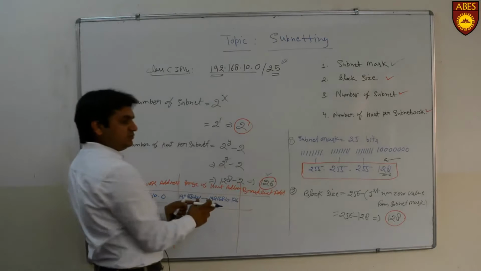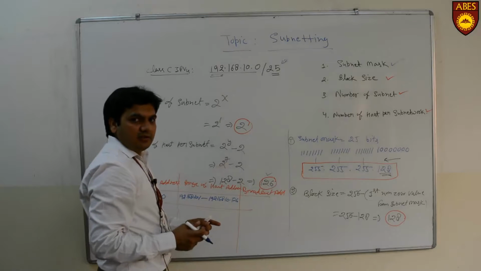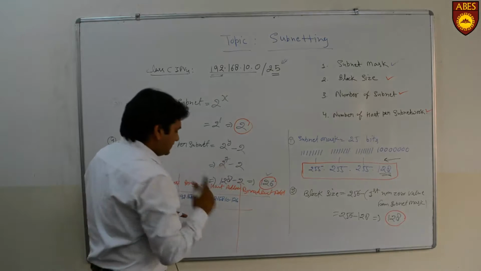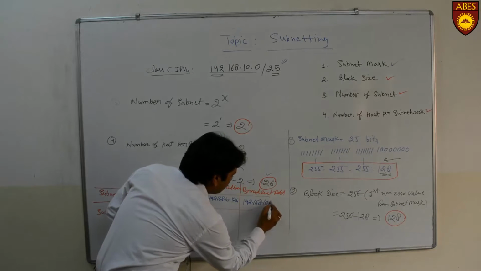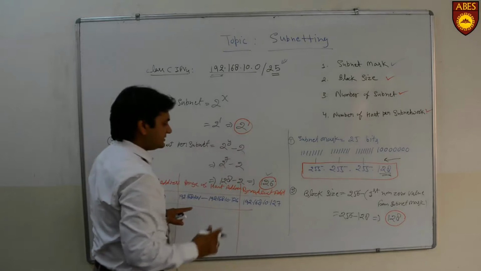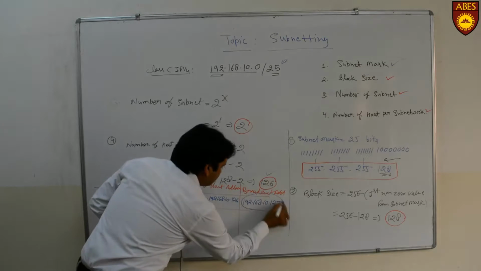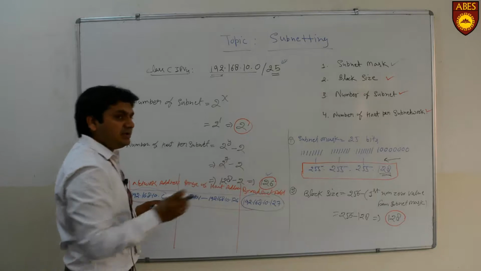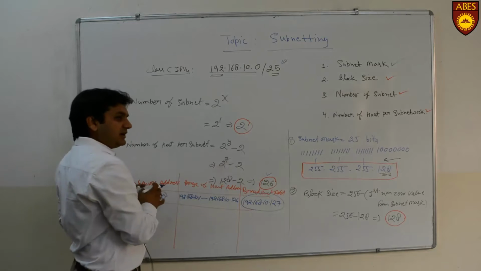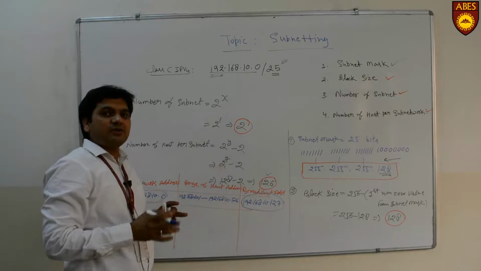This is the range which we assign to the devices we need to connect to the network. The last address is 192.168.10.127, that is the broadcast address. These 2 addresses are reserved. You cannot assign these 2 addresses to devices because the network address and broadcast address are assigned on the router.